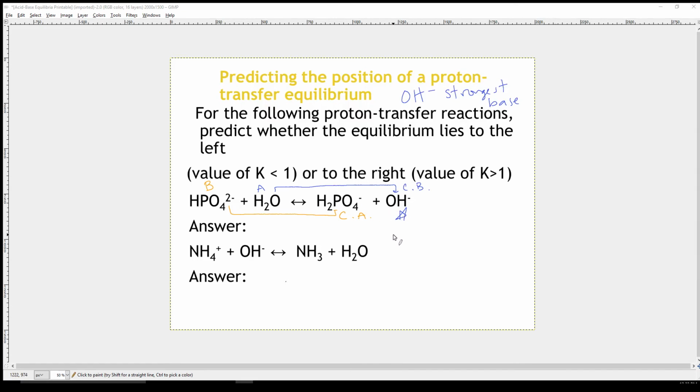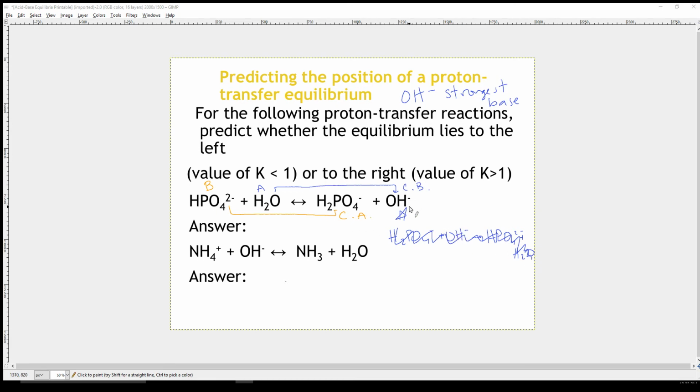So this would actually be written as H2PO4 minus plus OH minus reacts to form HPO4 2 minus plus H2O. But either way, we know that wherever our strongest base is, here I'm going to cross this off so it doesn't confuse us. If we were writing that reaction, we'd want to write the strongest base in the reactants.